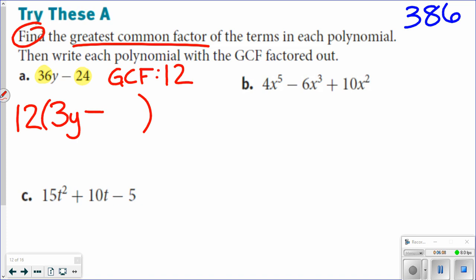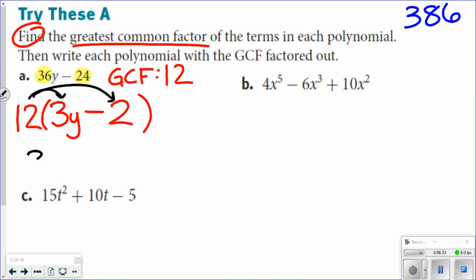Minus 24 divided by 12 is 2. Now, if we start with 2 terms, a binomial, then we need 2 terms or a binomial inside our parentheses. Okay? We can always check our work by distributing or multiplying back through.